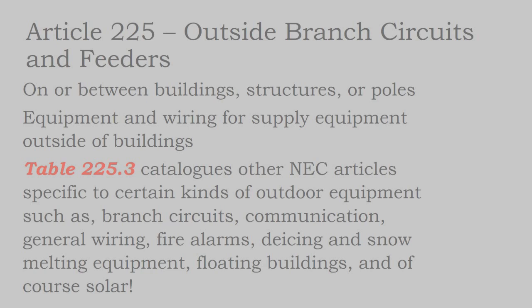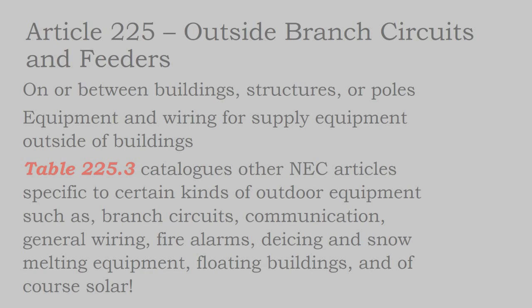So we have these outside branch circuits and feeders that are on or between building structures or poles. Equipment and wires for supply equipment outside of buildings. Then we get into table 225.3, which is really more of the table of contents of the National Electric Code that tells you there are all these other special equipment rules and considerations.